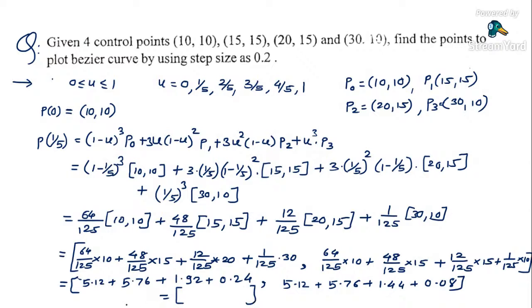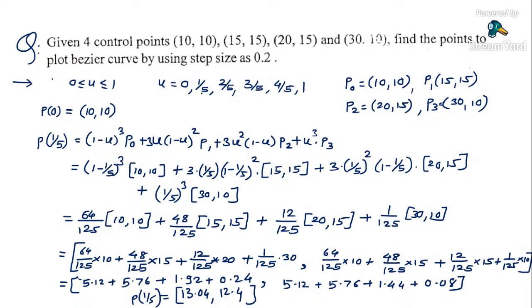So that is nothing but the first value, P of 1 by 5. 5.12 plus 5.76 plus 1.92 plus 0.24, so the answer is 13.04. Next, 5.12 plus 5.76 plus 1.44 plus 0.08 is 12.4. So this is the value we have calculated for P of 1 by 5.